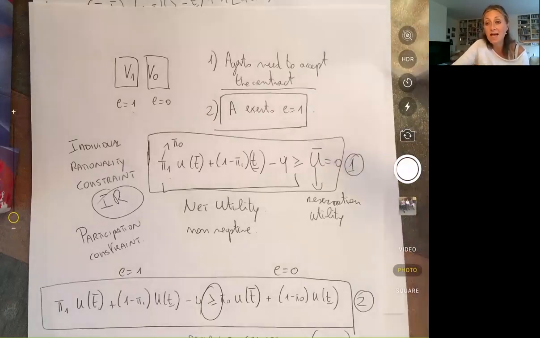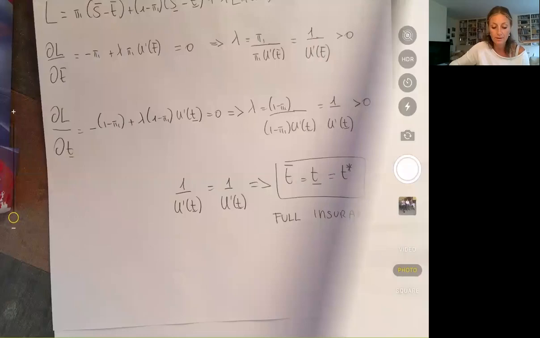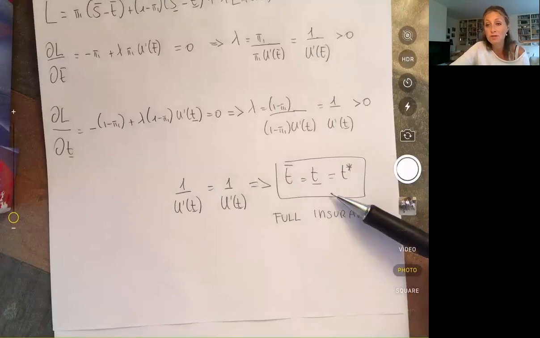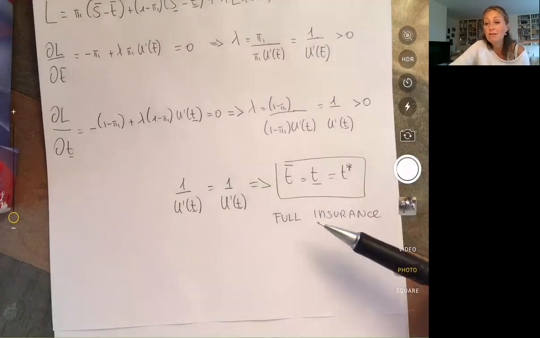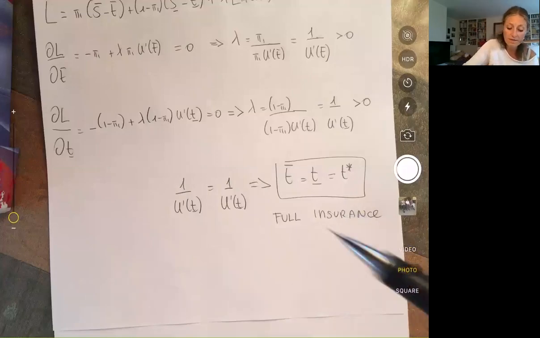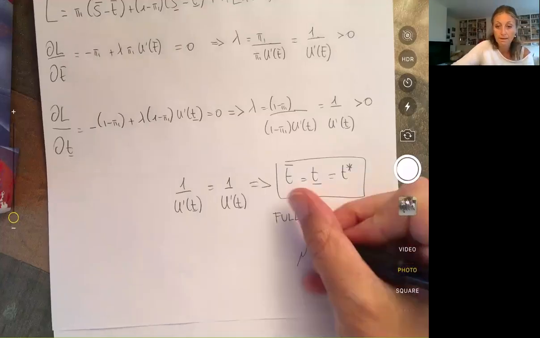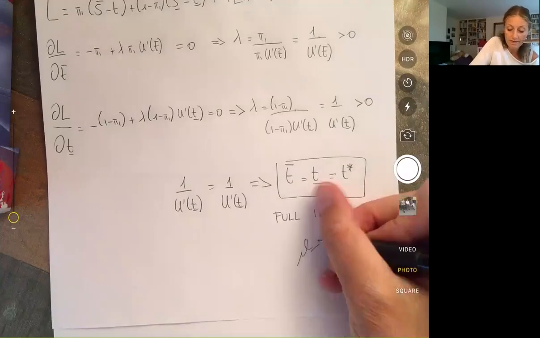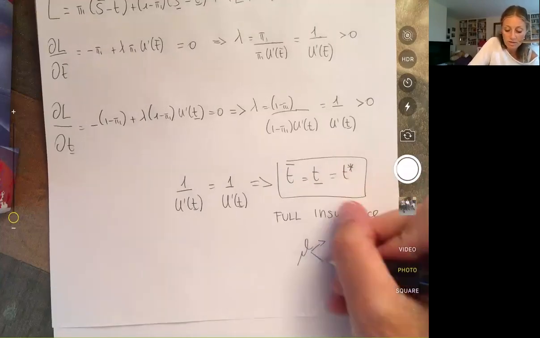But if this is the case, whatever outcome you're going to get, I'm going to offer you the same contract. You are fully insured. Why? Because I know that whatever negative result you're going to get is going to be given by luck, which could be theta upper bar or theta lower bar.